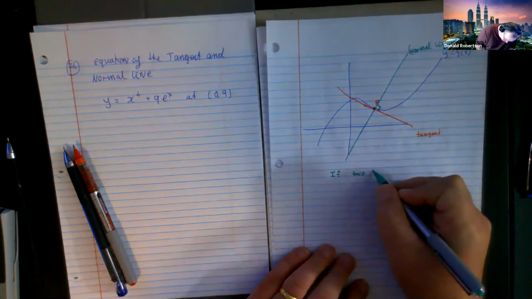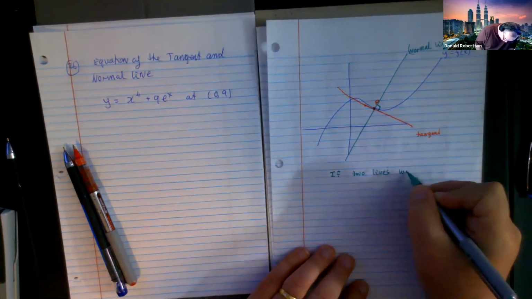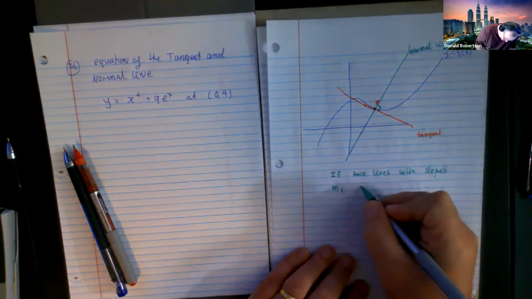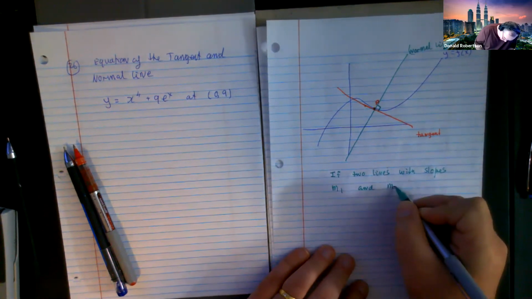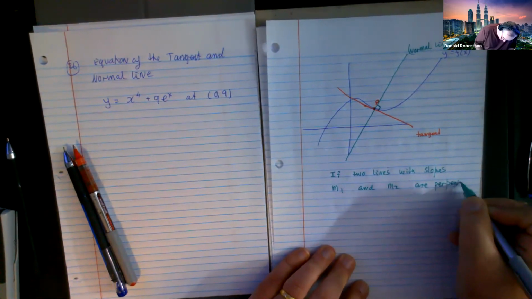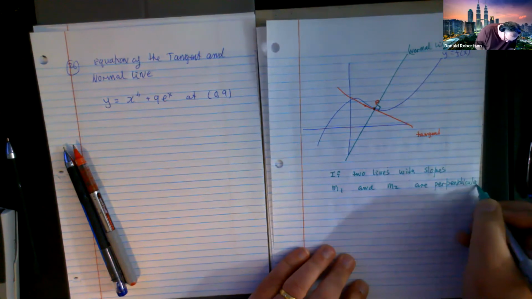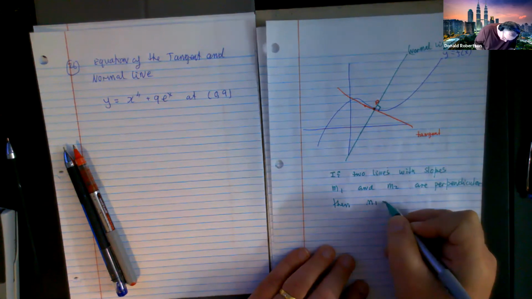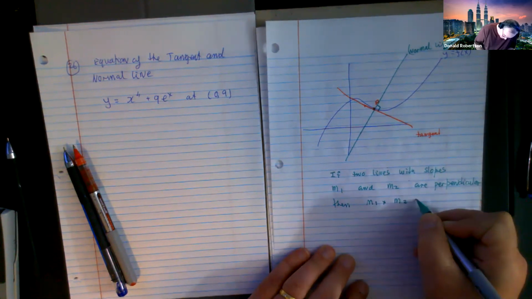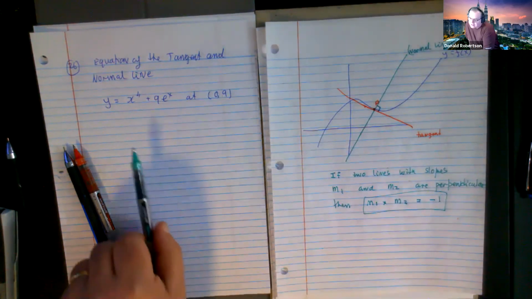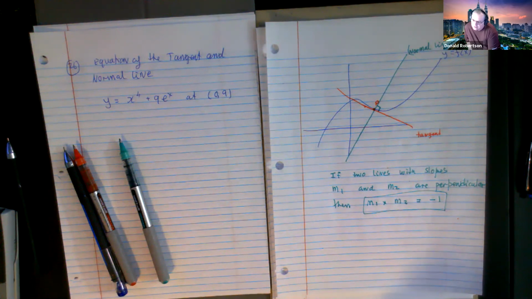If two lines with slopes M1 and M2 are perpendicular, then M1 times M2 equals -1. So that is a property that links the slopes of two lines that are perpendicular to each other.